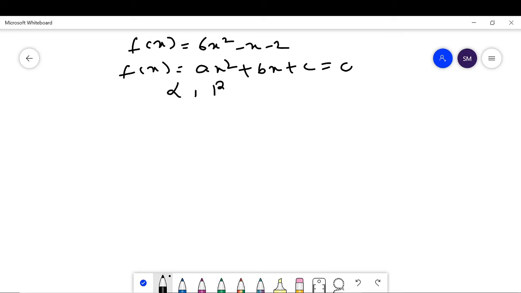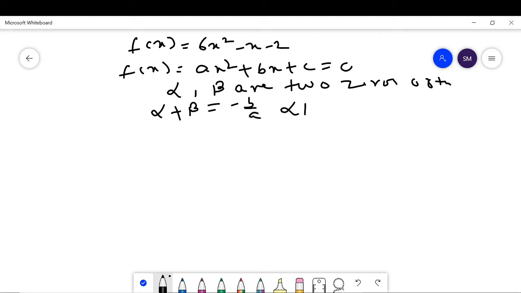Let alpha and beta be the two zeros of the polynomial. Then the relationship is alpha plus beta is equal to minus b upon a, and alpha into beta is equal to c upon a. We will take this example and verify these relations.